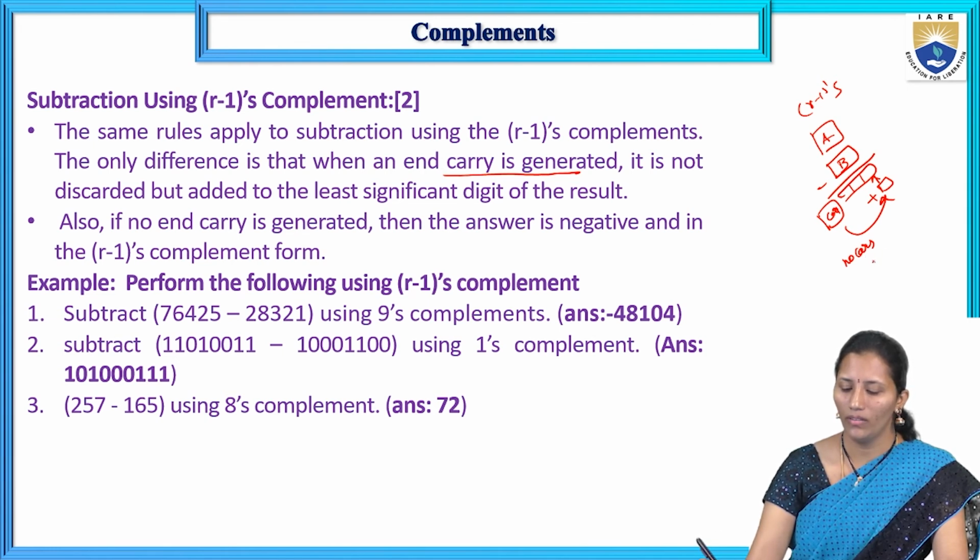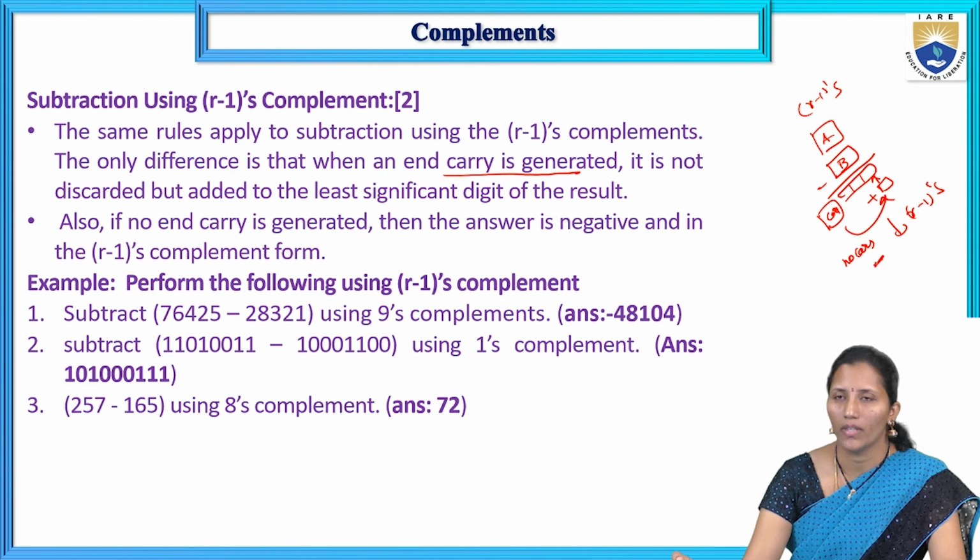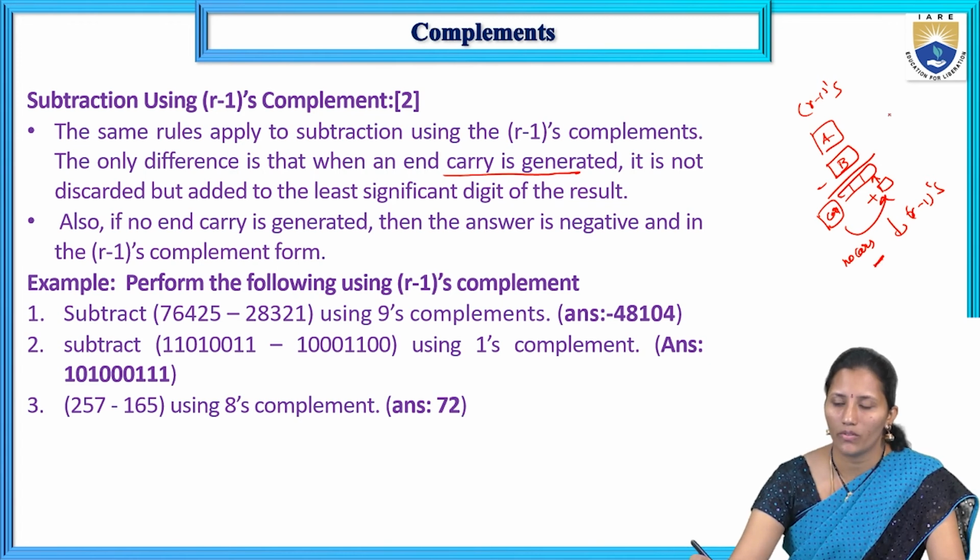If no carry is generated, we find the r minus 1's complement of the result and add a negative sign. It is the same as in 2's complement.